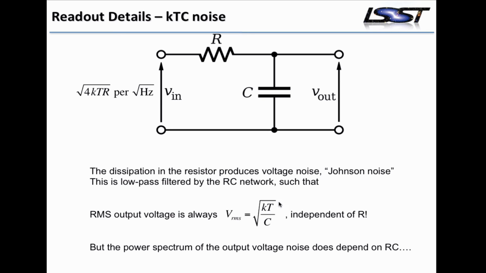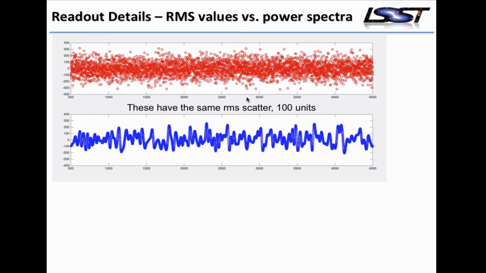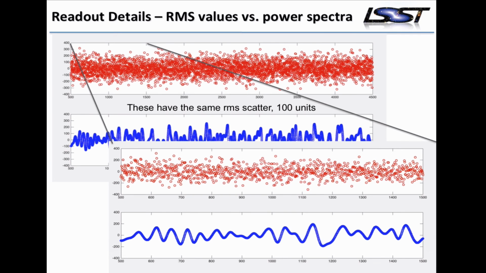The RMS voltage here is always going to be that number. But its temporal properties depend a great deal on what this RC time constant is. And so here are two illustrative traces that have the same RMS, but they're clearly completely different in their temporal power spectrum structure, right? One of them has a whole lot more high frequency noise than the other. And that's exactly what's going on with the CCD output stage.